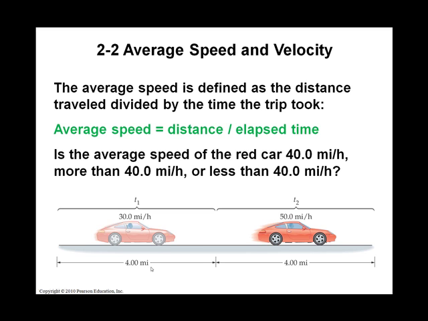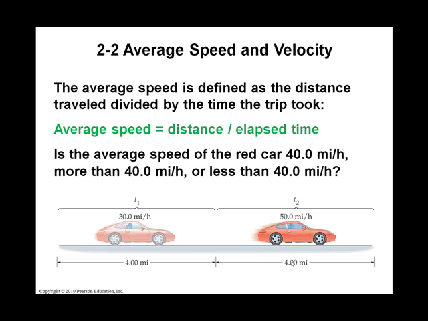The total distance is first going to be found, the total time first has to be found. The total distance is easy, it's 8 miles. But he drove at a different speed in each case. So what I'm going to do is take 4 miles and divide it by 30 miles per hour. That's going to give me a time of 0.133 hours.